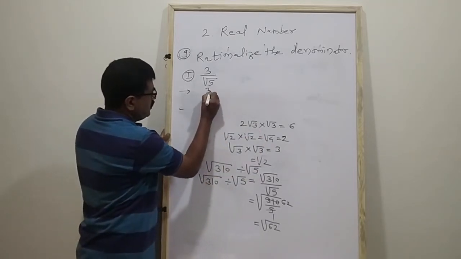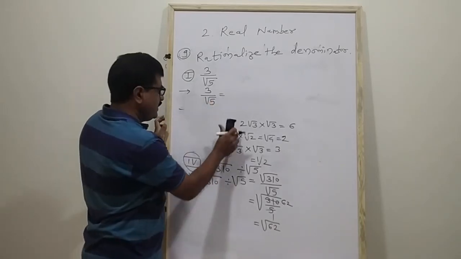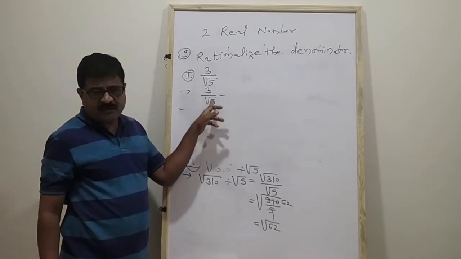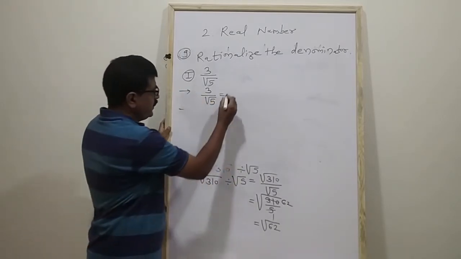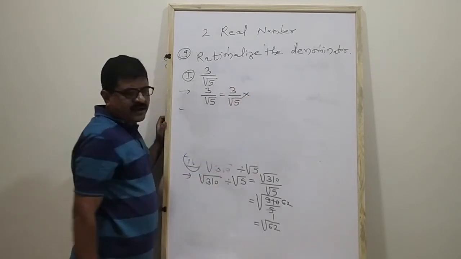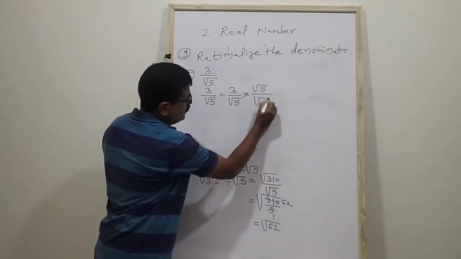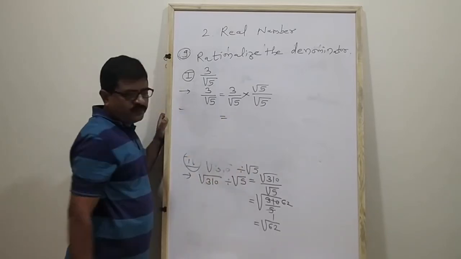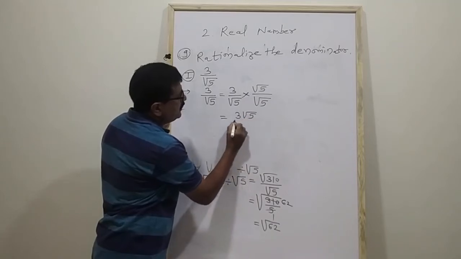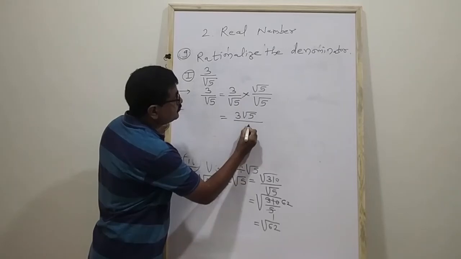Similarly, first write down the given 3 upon square root 5 is equal to. Now what is the rationalizing factor of square root 5? Rationalizing factor of square root 5 is square root 5. 3 upon square root 5, multiplying and dividing by square root 5. Now here in numerator 3 square root 5, divided by square root 5 into square root 5 is 5.